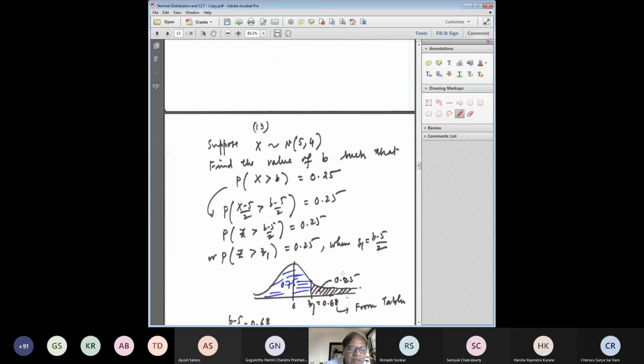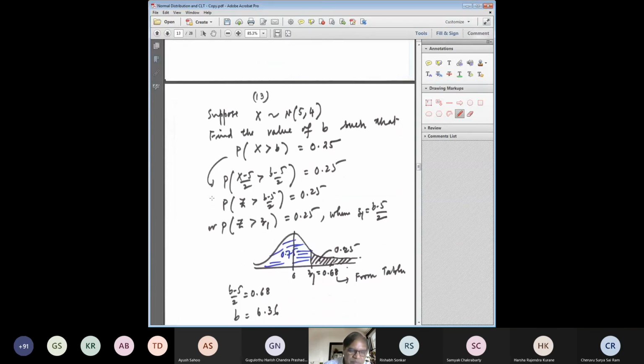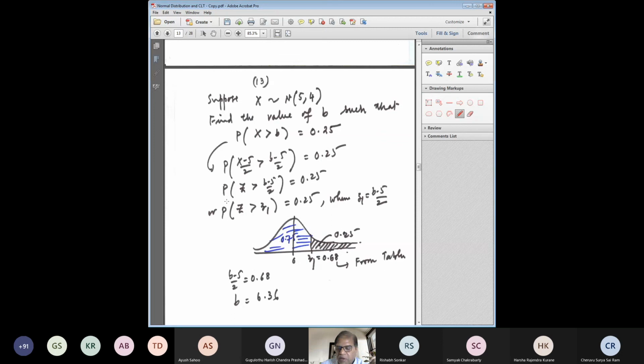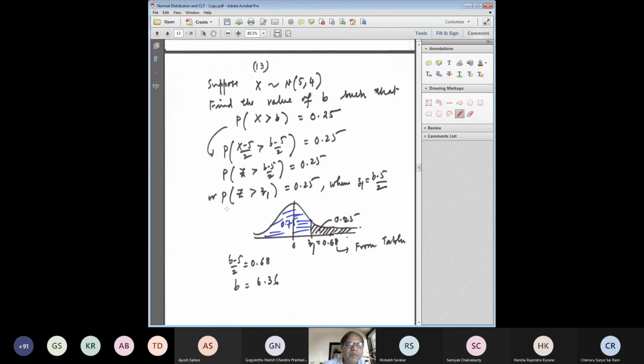So as we were talking about the reverse problem, in most numerical problems you need to find this type of probability: find the value of b such that x greater than b is 0.25.